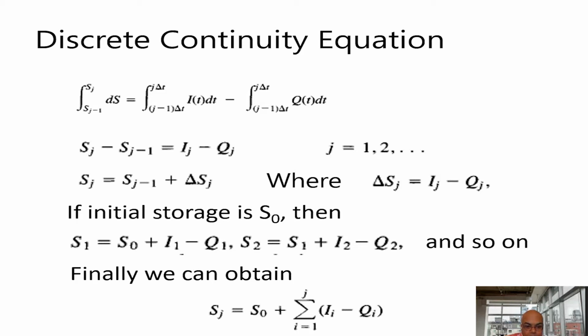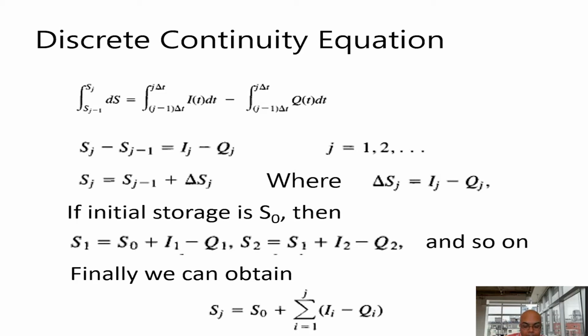Here I(j) is the inflow volume within the interval from previous time to current time, and Q(j) is the outflow volume within the interval from previous time to current time. So that is equal to the net storage change. We can write I(j) minus Q(j) as delta S(j). Then we can write S(j) is equal to S(j-1) plus delta S(j).